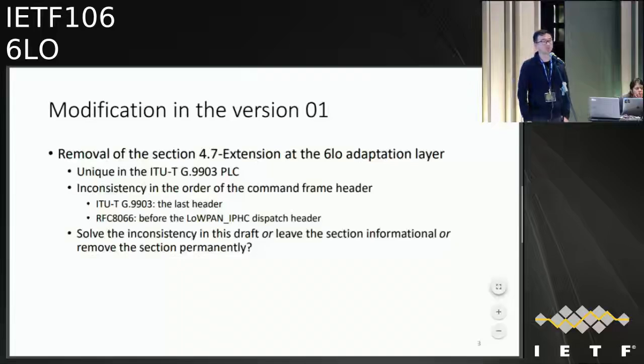At the IETF, you can only be consistent with the other RFCs, so you have to be consistent with 8066. I'm just concerned that the ITU-T, which came here, and we defined this thing together, now did not comply with it. Yes, when you see the current version of G.9903, it says that this command frame header is the last one. Can you check if they reference 8066?